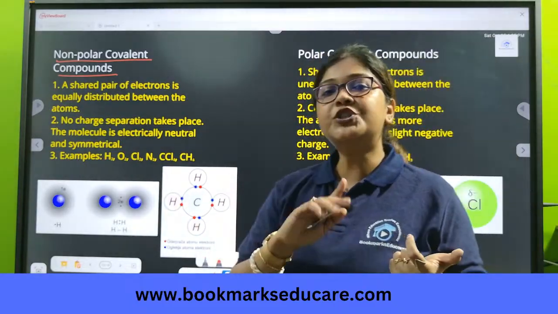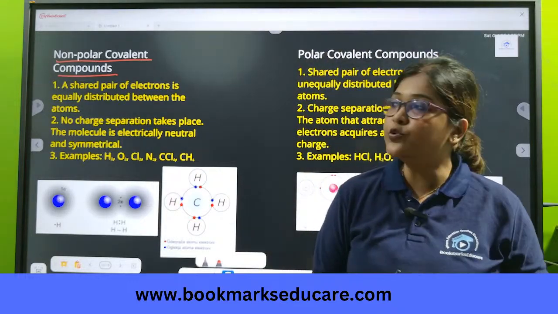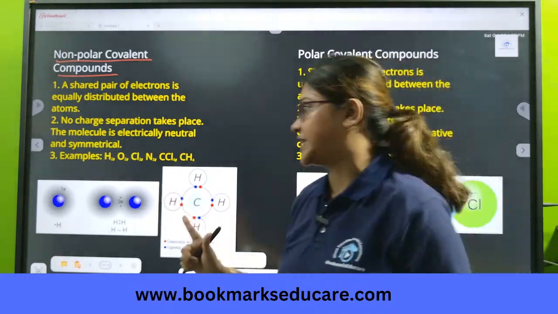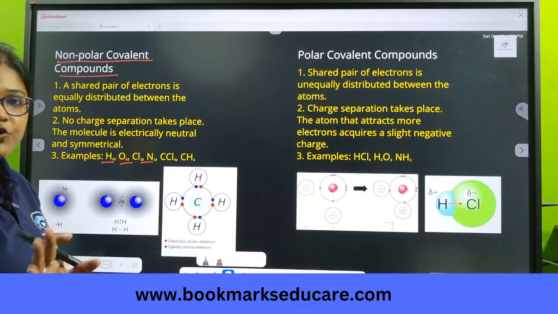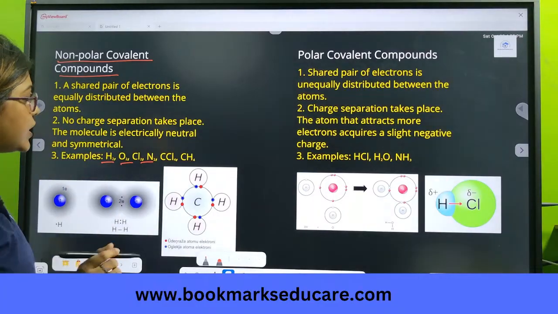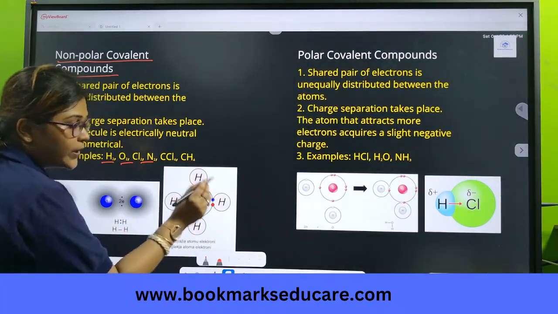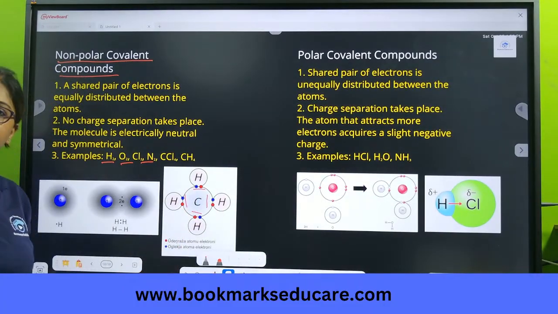Okay? No charge separation will take place. The molecule is electrically neutral and also symmetrical. Examples include hydrogen, oxygen, chlorine, nitrogen, carbon tetrachloride, methane, these types of compounds, where you see that there is an equal distribution of the electron pairs.